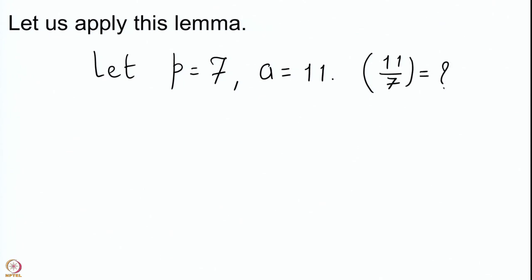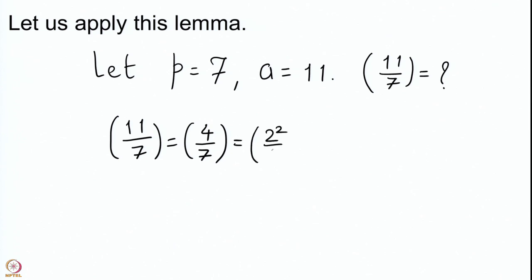Now, when you go modulo 7, 11 is 4. So, 11 by 7 is nothing but 4 by 7. The Legendre symbols are the same and we know that 4 is the square of 2. So, this is equal to 1, but let us also verify this using Gauss lemma.